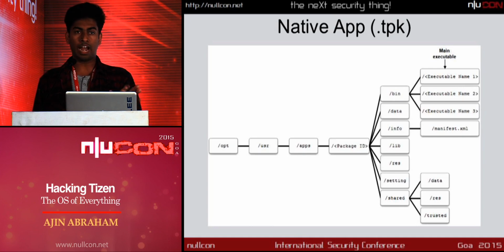That's it. In Android, the similar thing is like you have com.google.play or something like that. But here it's called a package ID, and it will be a string of length 10, having some random alphabetic characters and digits.